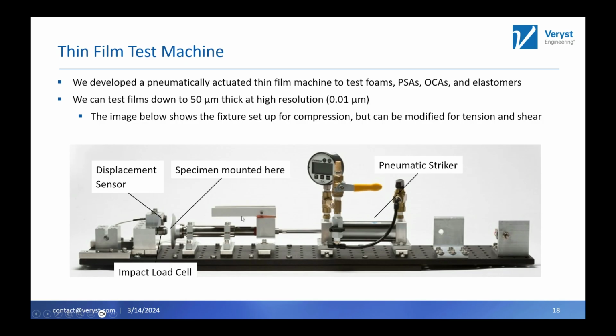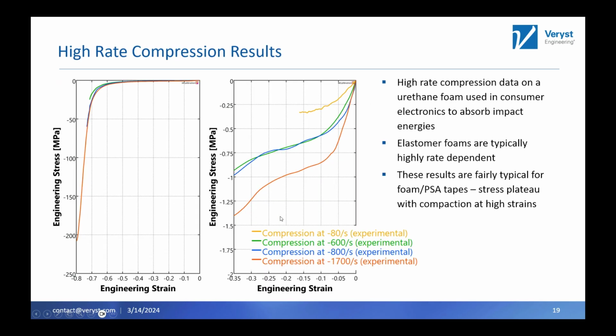We also have fixtures to test these types of materials in tension or compression. Just to look at an example of what some of these test results look like, this is a urethane foam tape that's used as an energy absorber.